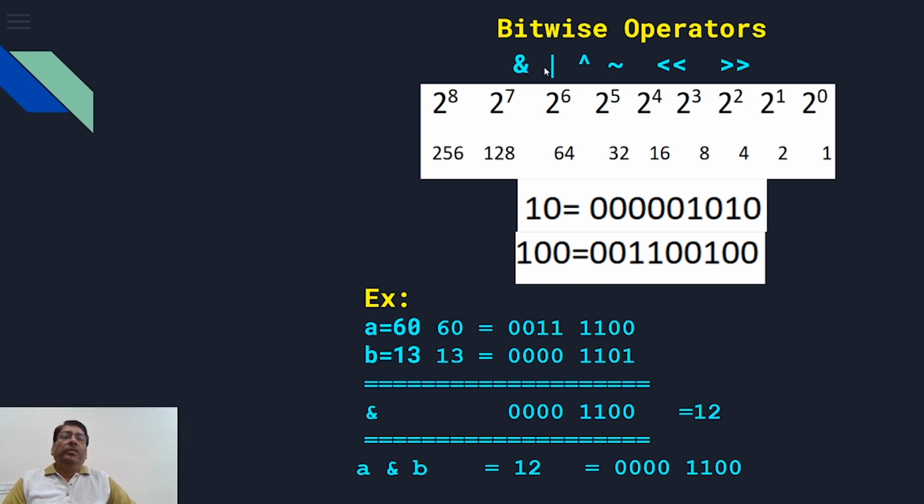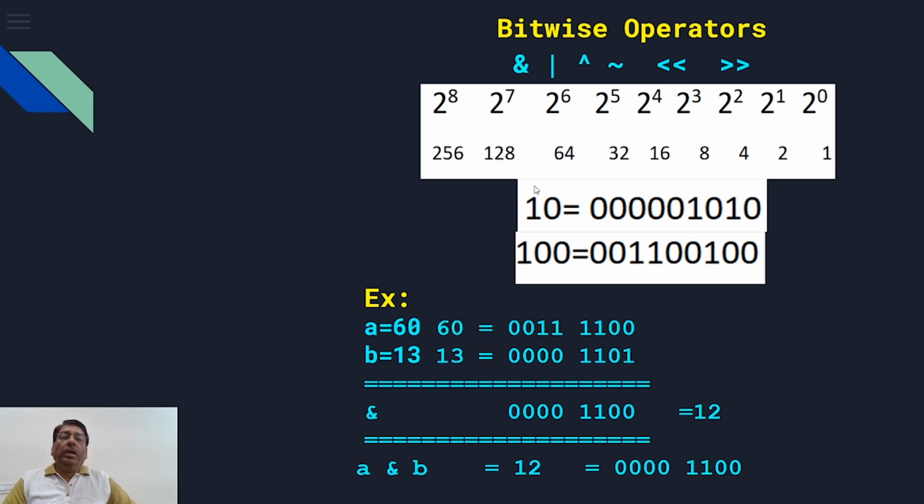So let's first try to understand how we write binary numbers. Binary numbers can be written in the form of 2 to the power 0, 2 to the power 1, 2 to the power 2, and so on. That means 2 to the power 0 is 1, 2 to the power 1 is 2, then 4, 8, 16, 32, 64, 128, 256. Likewise, you can continue further.